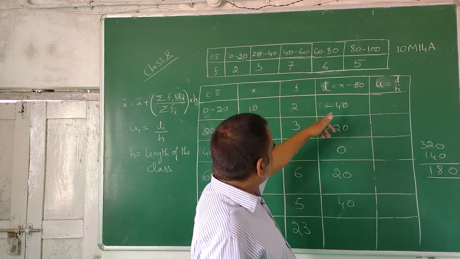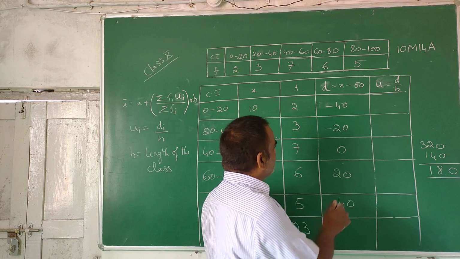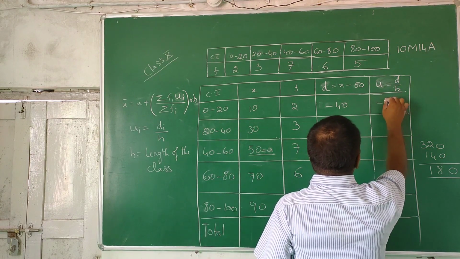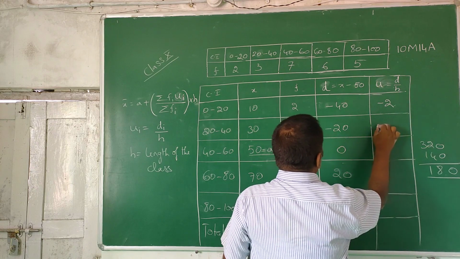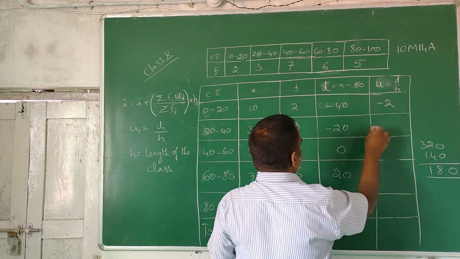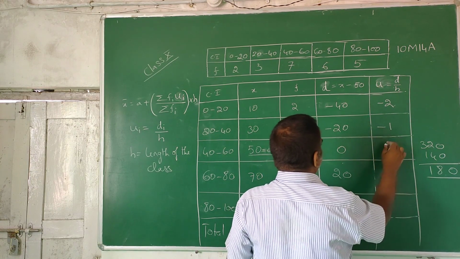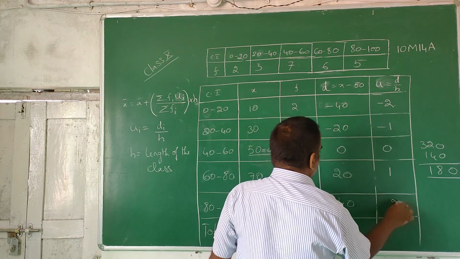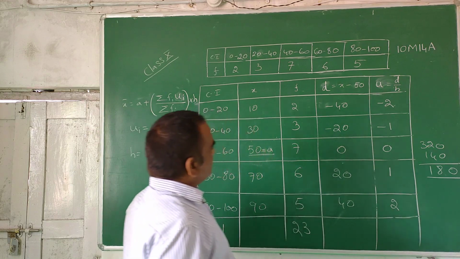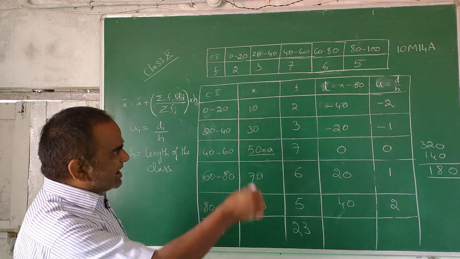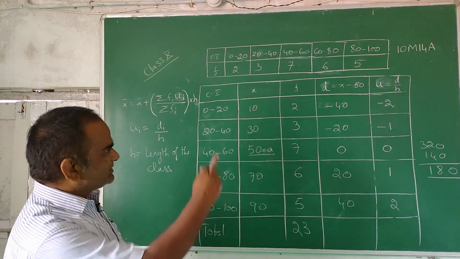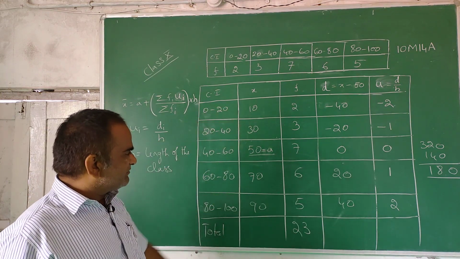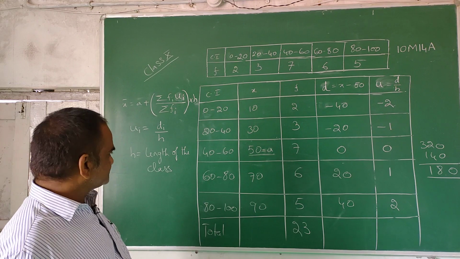Each d value has to be divided by 20. So minus 40 by 20 is minus 2. Minus 20 by 20 is minus 1. 0 by 20 is 0. 20 by 20 is 1, 40 by 20 is 2. So that is the u value, d by h, where d is x minus 50 and h is the common difference of the class marks.